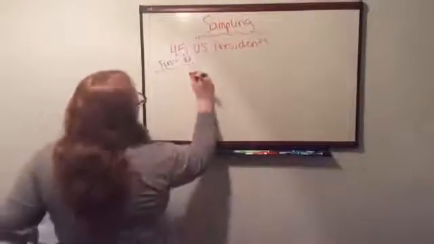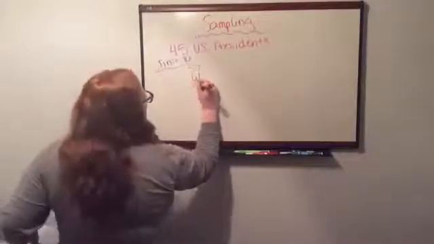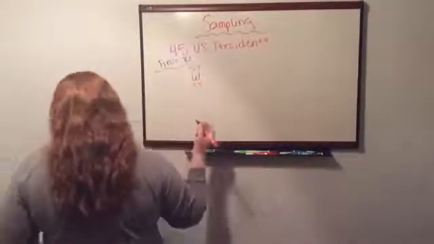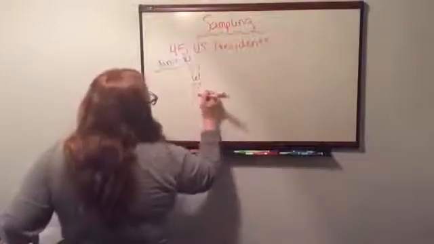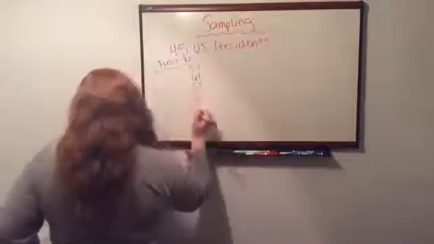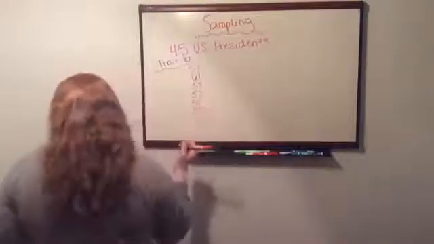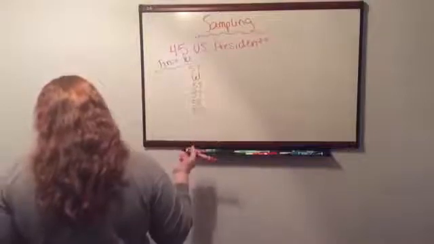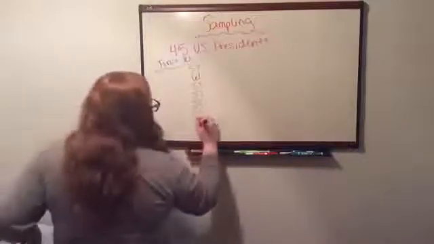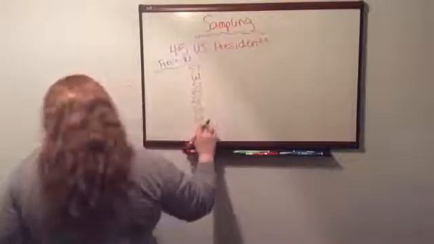We have John Adams. He was 61. Thomas Jefferson was 57. James Madison was 57. James Monroe was 58. John Quincy Adams was 57. Andrew Jackson was 61.